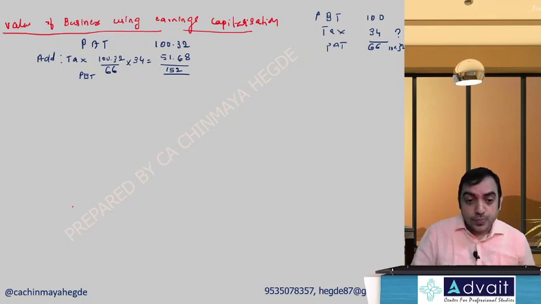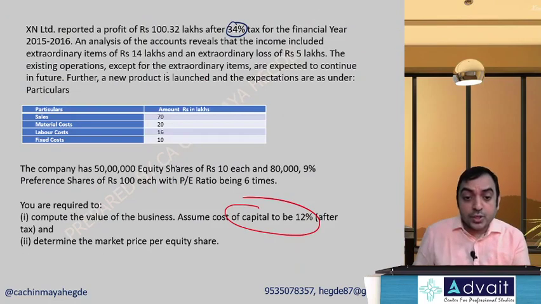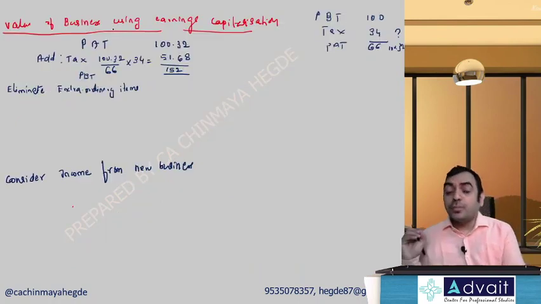Profit before tax 152. Then we have to do two things: eliminate extraordinary items and then consider income from the new business. Now, eliminate extraordinary items. Extraordinary income is 14 lakhs, to be added or to be subtracted?